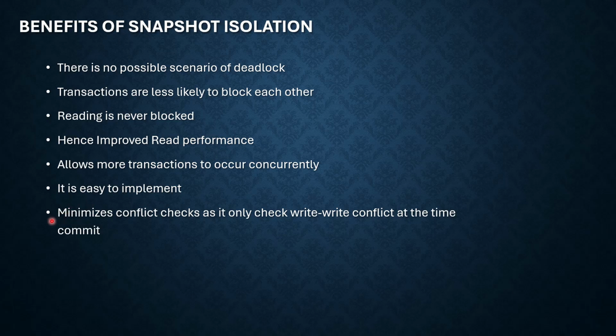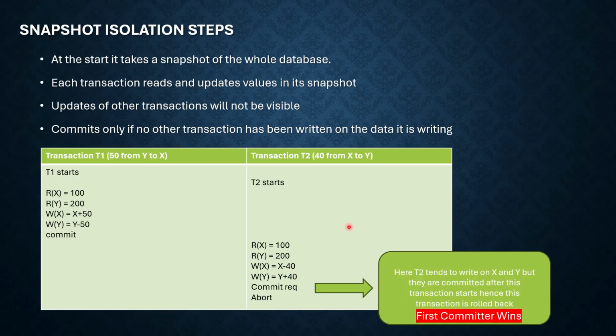Okay, and also it minimizes the conflict checks. Only check the write conflict. Yes, this I haven't talked about, but in snapshot isolation we only check the write conflict. There is the possibility that a read-write conflict also happens, because it never checks, while reading x and y values, whether another transaction has changed the values of x or y.